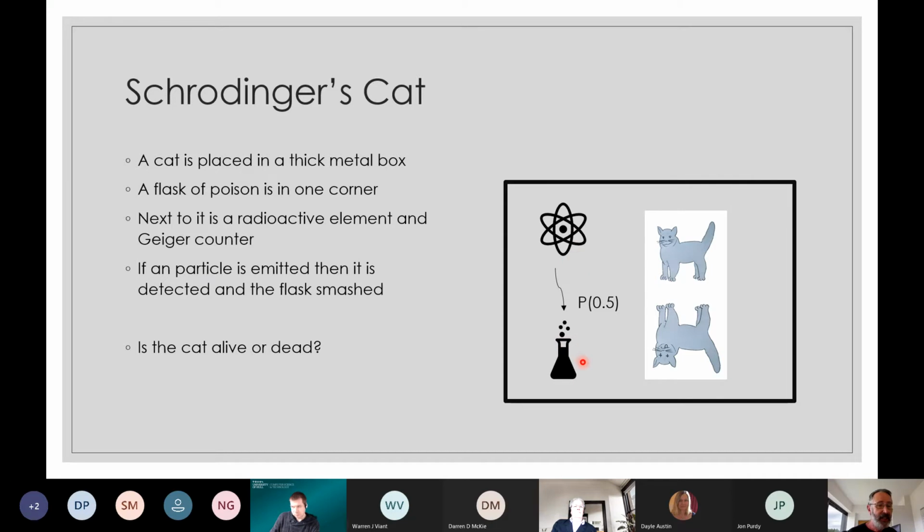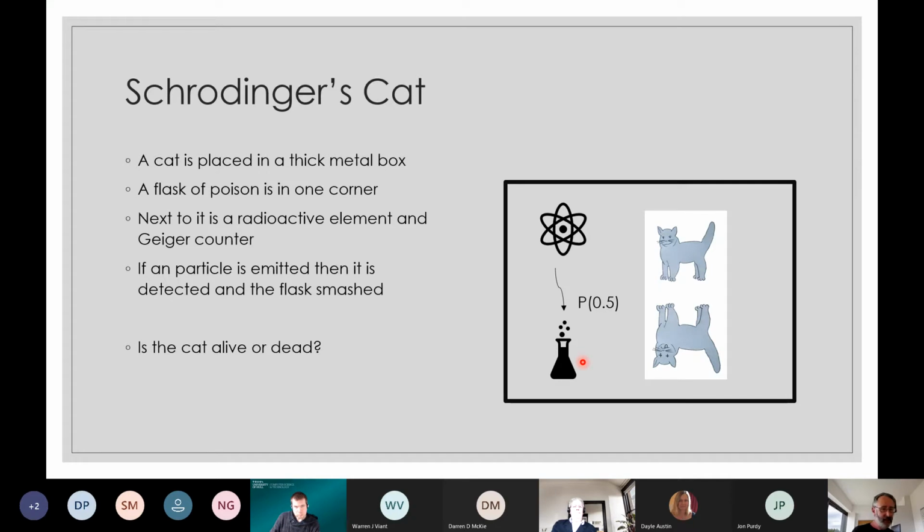Now, connected to the flask of poison is a Geiger counter, and if a gamma particle is emitted and the Geiger counter goes off, the cat dies. And if it's not emitted, it's alive. So you set this up, you put it in the corner of the room, and you think, is the cat dead or alive?